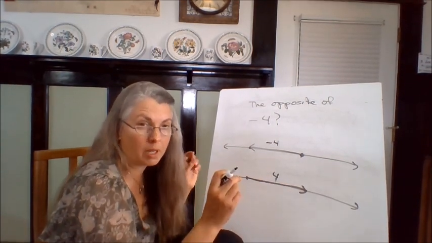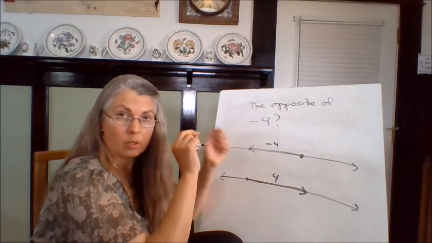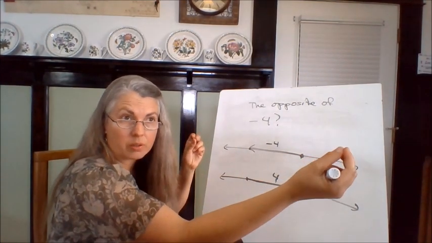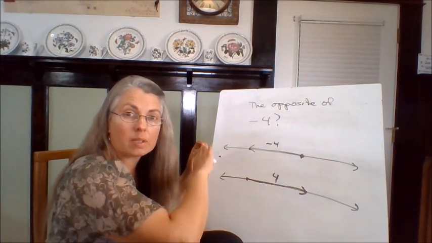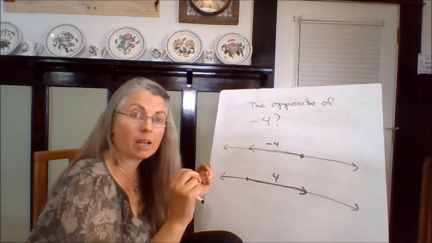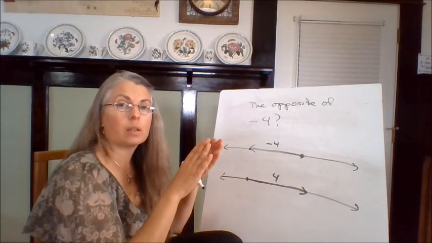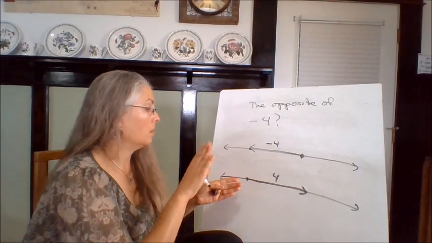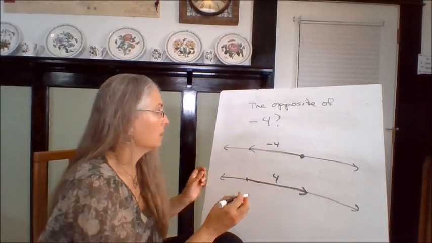Okay, so when you take the opposite of a number that's represented like a point on a number line, you take its mirror image across 0. So you just flip it. If it's positive, it becomes negative. If it's negative, it becomes positive. If you're representing a number like an arrow and you're taking the opposite of it, then you just switch its direction. It has the same exact length.